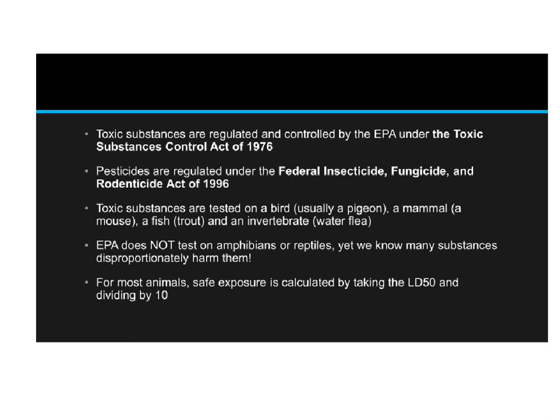So for most animals, safe exposure to a pesticide or to a toxin is calculated by taking the LD50, the lethal dose 50, and dividing by 10. And they say, well, okay, 1/10 of this LD50 should be okay for chronic exposure, not to cause ill harm.